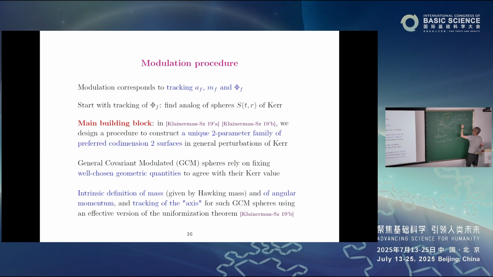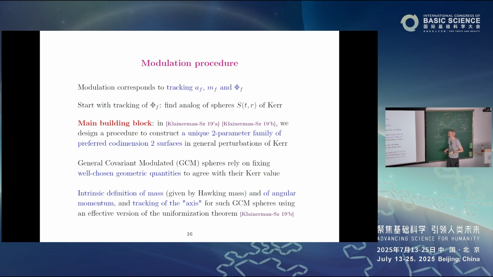But here, these are in general topological two-spheres, and there are two parameters, right? These are a two-parameter family of spheres. So these are the spheres of Kerr that I want to track in my perturbations of Kerr.